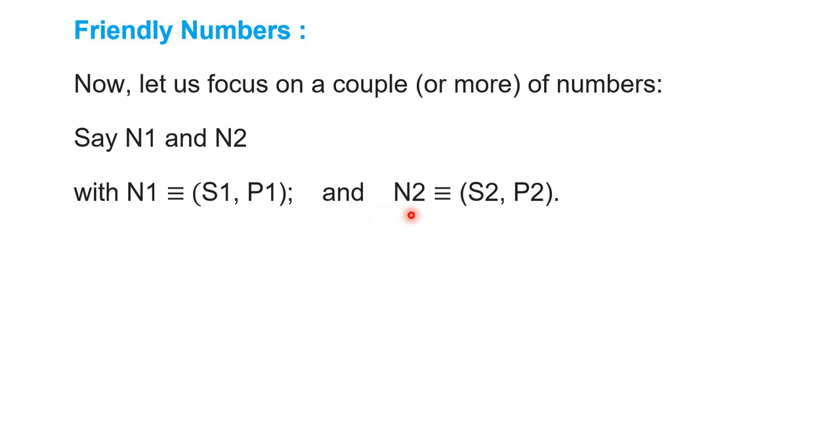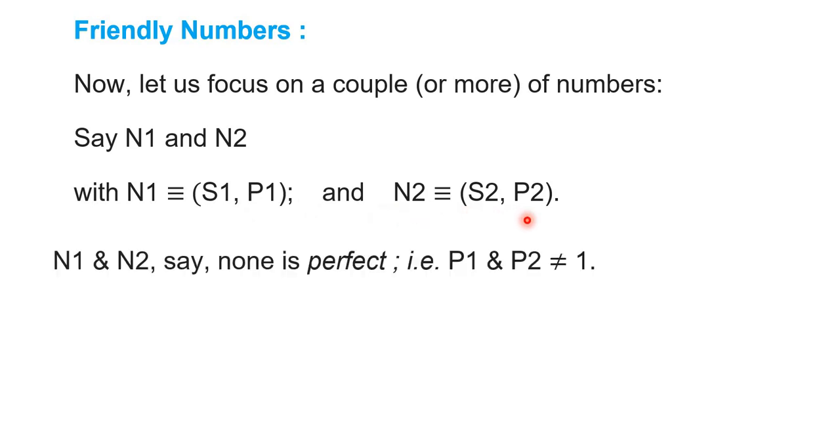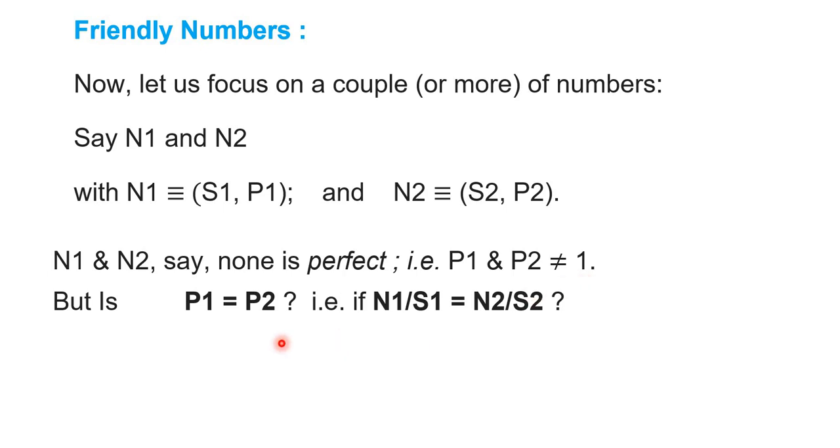Similarly, the second number n2 has its s2 and p2 as well. Now, suppose that neither n1 nor n2 is perfect. That means p1 and p2 are both not equal to 1. But the question may be: is p1 equal to p2? That means, is n1 by s1 equal to n2 by s2?